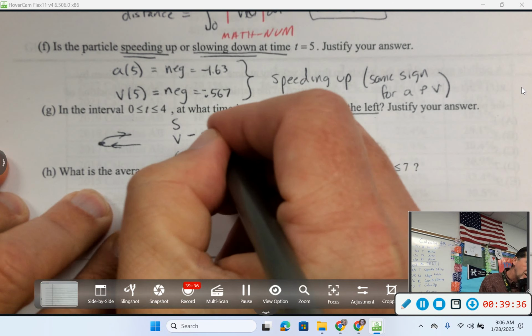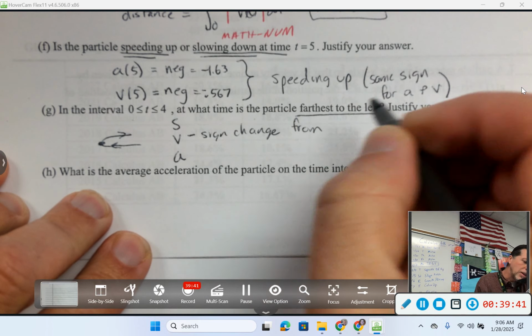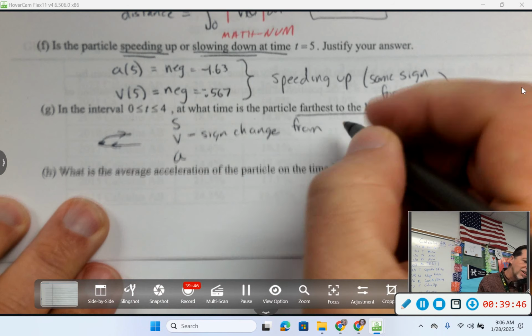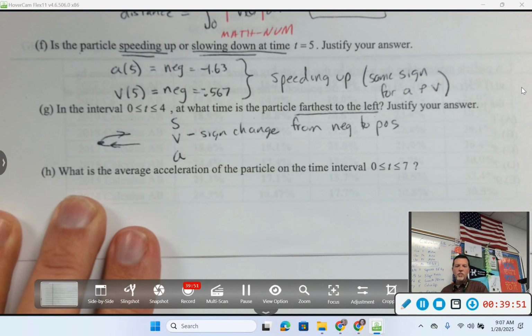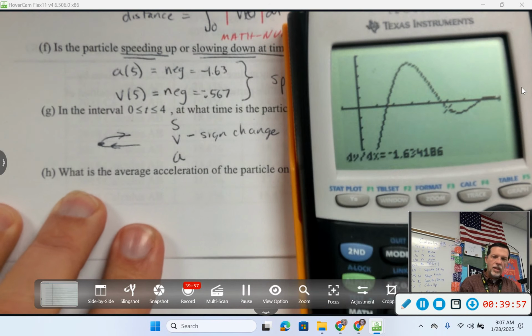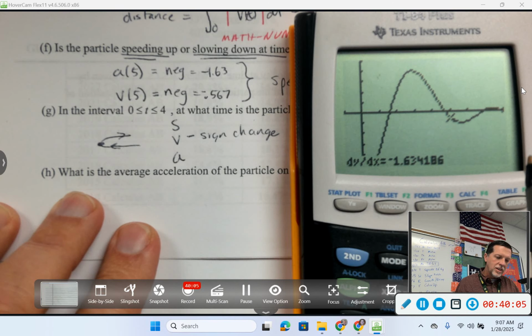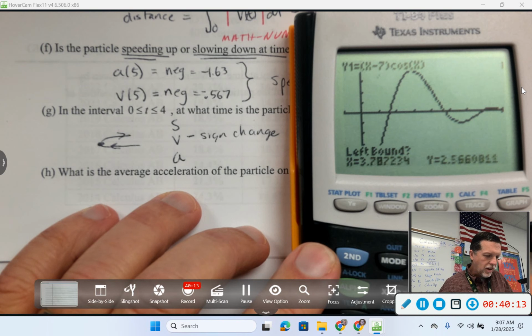V. The sign change. In fact, which sign change is it? If we were moving left and now we're moving right, we need to see where our sign changes from left to right, or from negative to positive. So there's my picture of velocity. Its sign changes from negative to positive. Right there. Zero. I think we already know the value of that zero, but go find it.